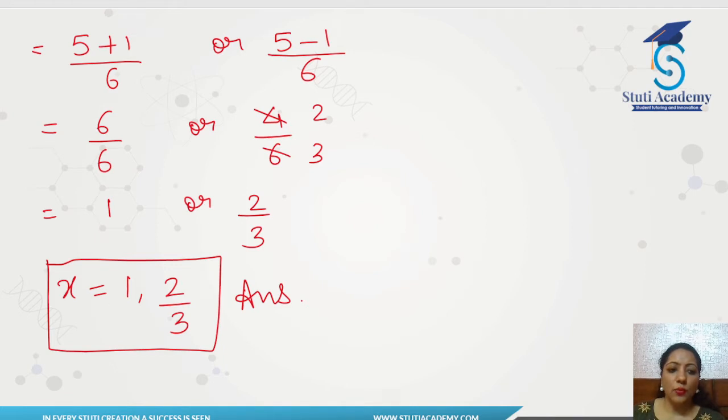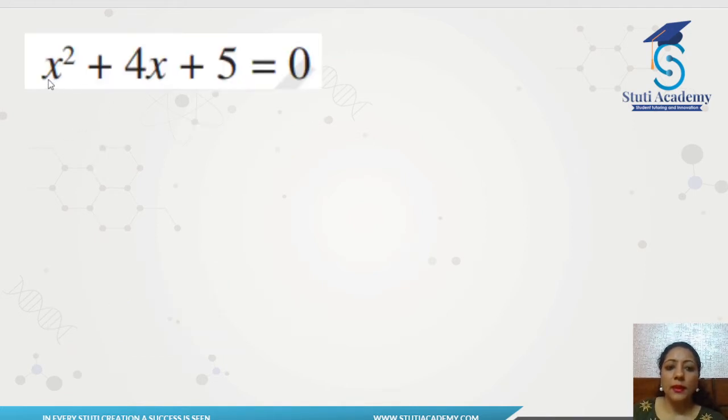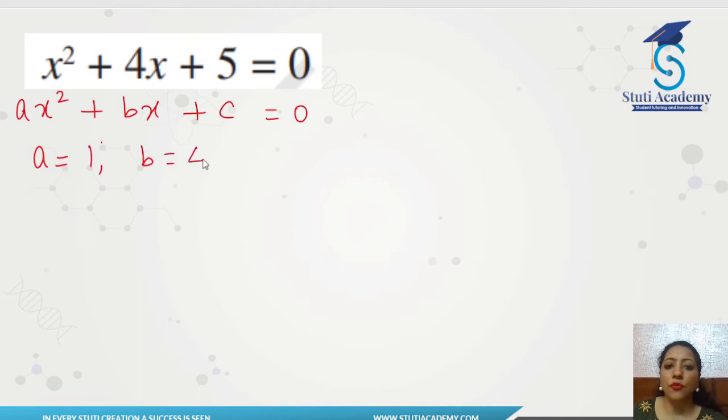Now let us discuss one more question. Here again we have a quadratic equation, x square plus 4x plus 5 is equal to 0. And we need to first of all check whether the roots exist in this case. So we'll compare this with ax square plus bx plus c equal to 0. Here a is 1, b is 4 and c is 5.